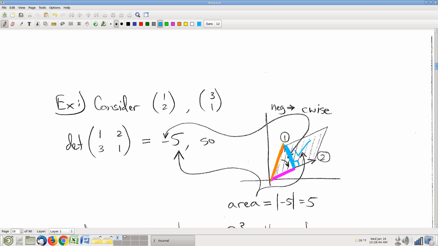So square roots all over the place, and I could compute the length of the base and compute that altitude and use the formula. And this little calculation here with the determinant, no square roots, just four-function arithmetic. It's a little mysterious that it could be that easy. Anyway, I like to dwell on that. I think that's fun. Okay.